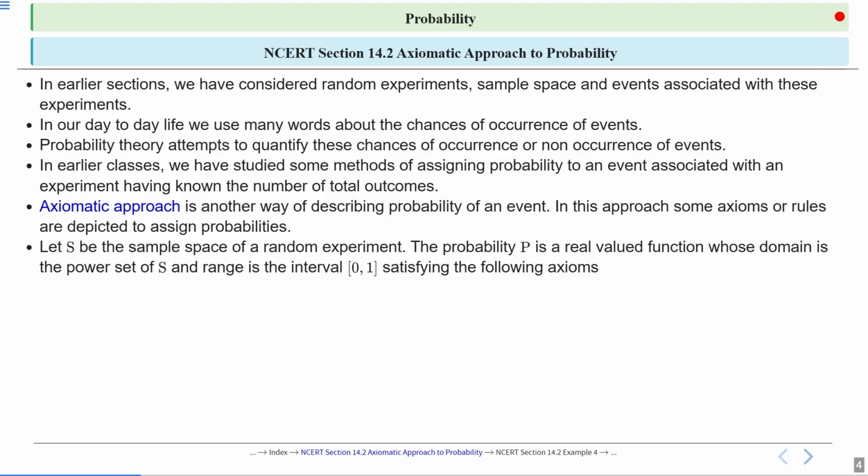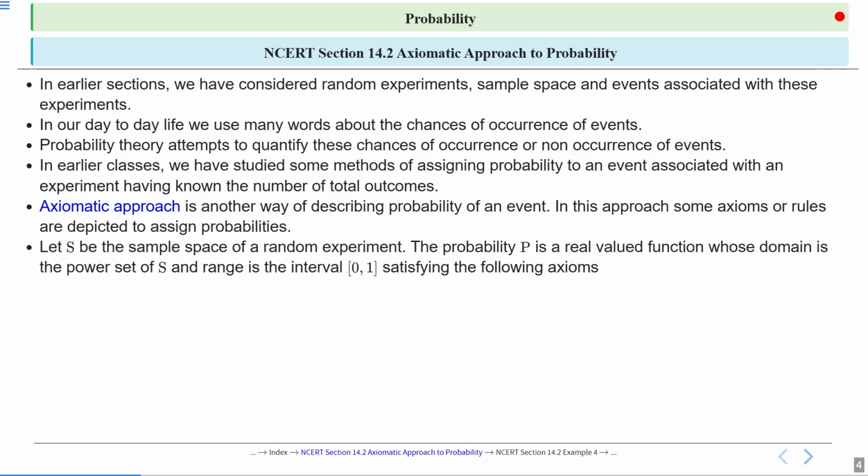The probability P is basically a real valued function whose domain is the power set of S and range is the closed interval 0 comma 1. So P is a function, real valued, and the domain of the function P is the power set of sample space S, and the range is the interval 0 comma 1, satisfying the following axioms.